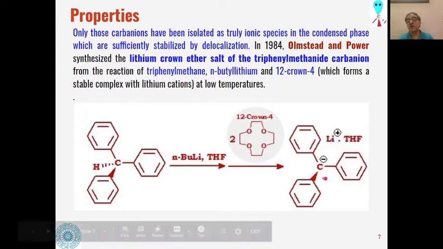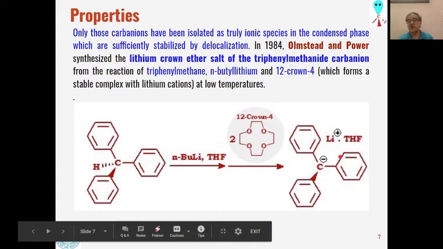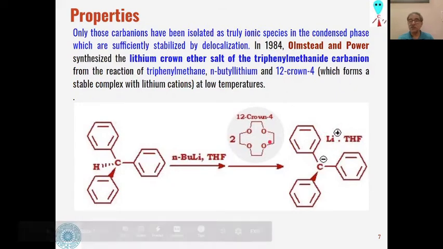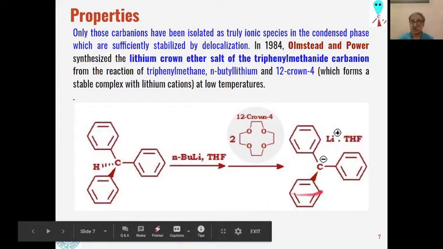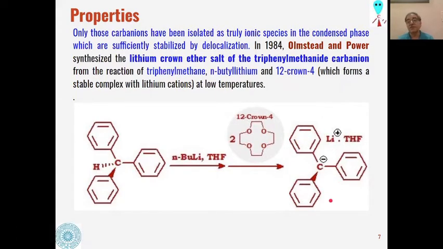This lithium crown ether salt of the triphenyl methanide carbanion is formed from this reaction. So in addition to lithium, we have a molecule of crown ether also in this salt of the carbanion.